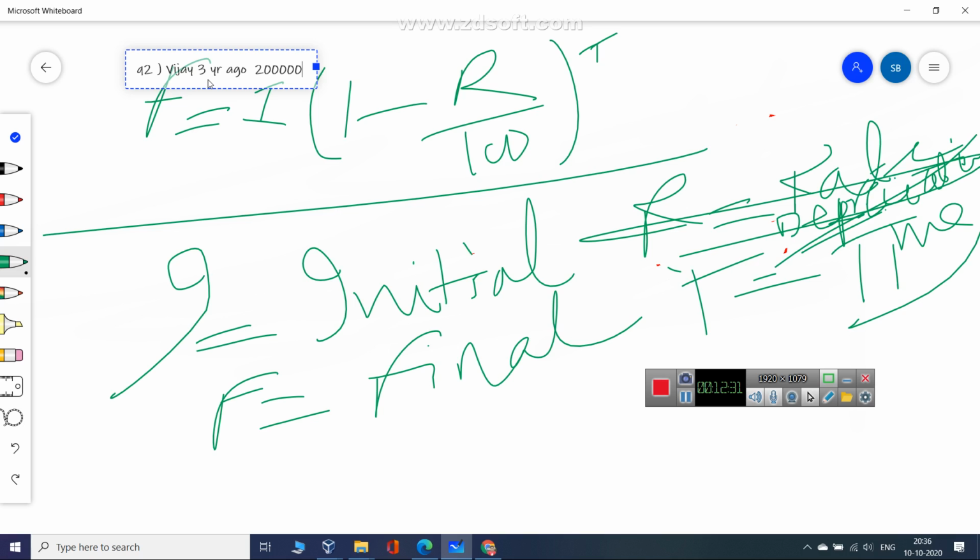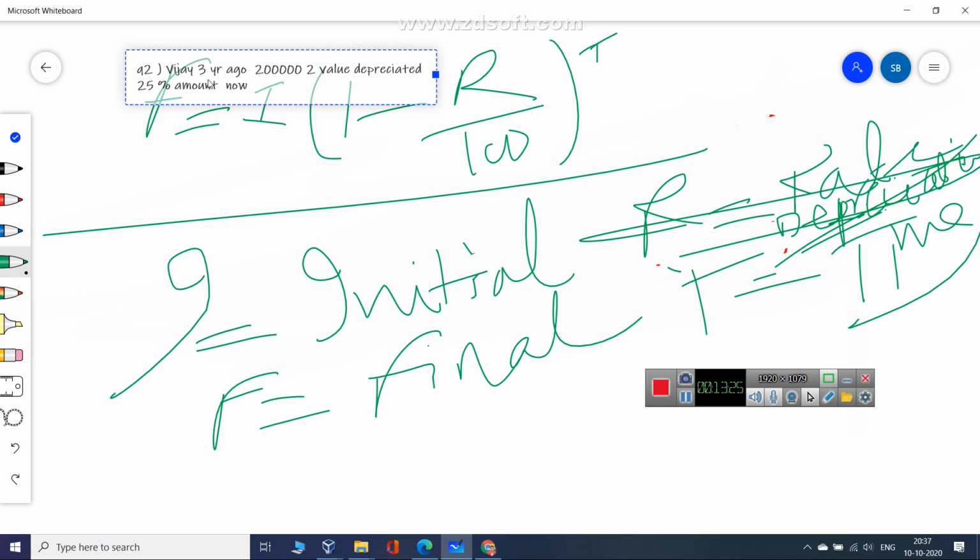Its value depreciated each year by 25%. Suppose each year 25% of the amount depreciated.